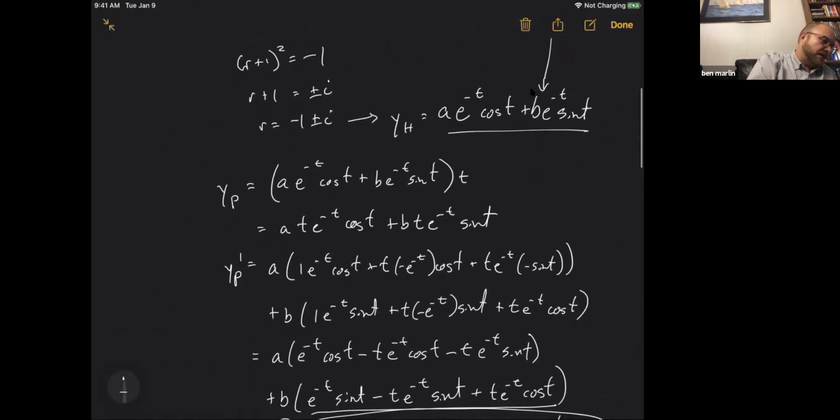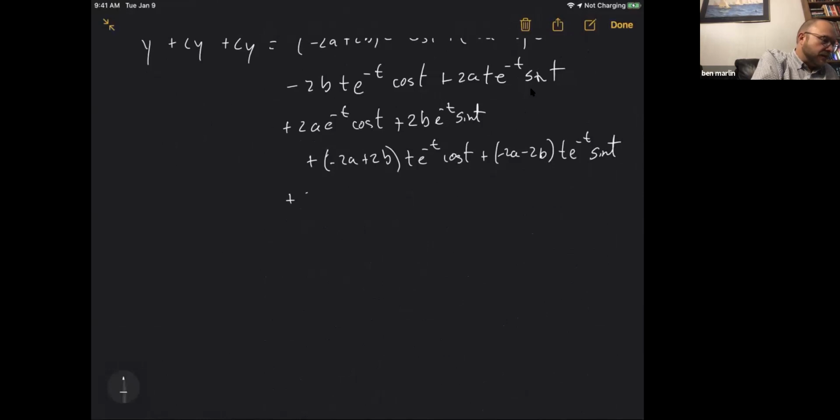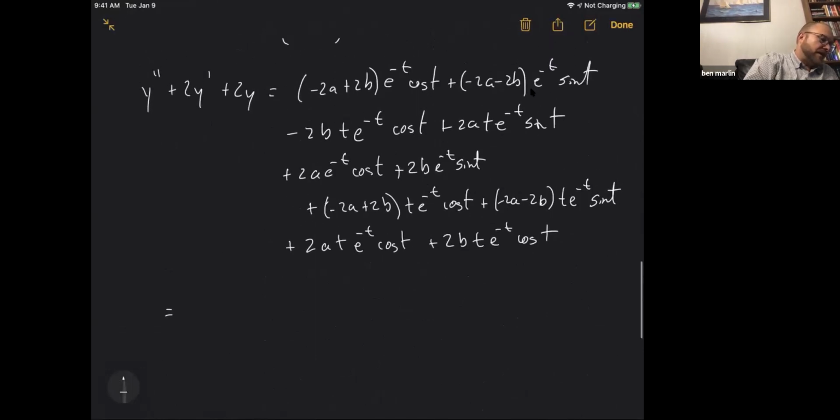I have, honest to God, forgotten what it is now. The original was just a t e to the minus t cosine t plus b t e to the minus t cosine t. All right, so ready to collect all these things together?